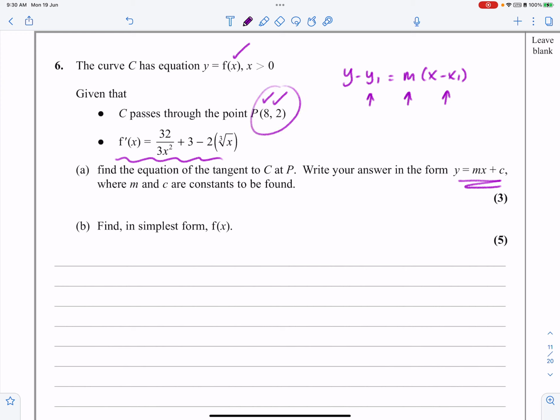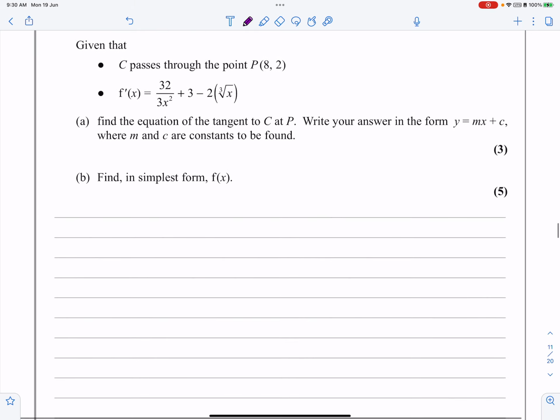So now I know what my game plan is: can I find m? And then once I've got that, I can use this formula. Well, yes, I can, because m is simply f'(x), and putting in the value 8 will give me the gradient at that point. Right, I've explained it to you. Now let's explain that to the examiner as to what I'm going to be doing.